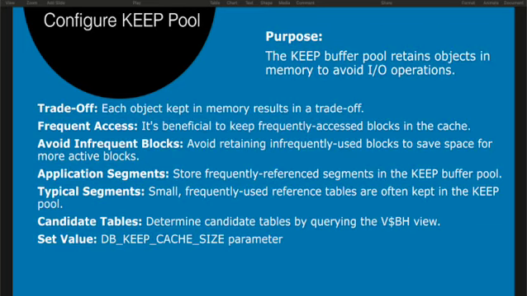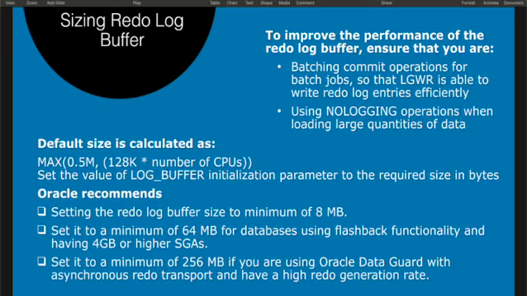Sizing the redo log buffer. The default size of the redo log buffer is calculated as follows: you can see the formula, the max of 0.5 MB and 128K multiplied by the number of CPUs. Set the value of the log_buffer initialization parameter to the required size in bytes.